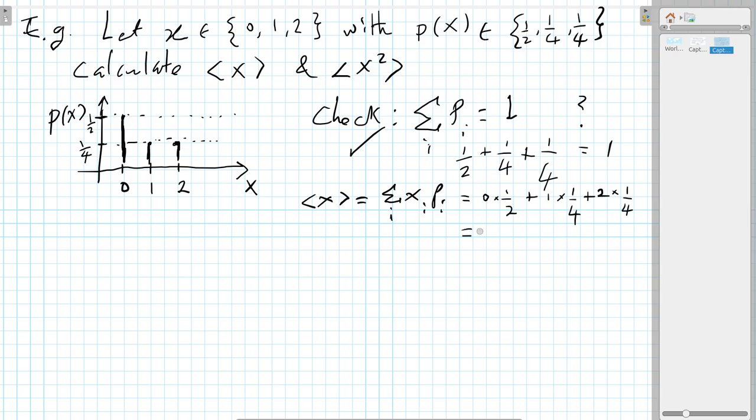One can sum this out and get 3 by 4. Hopefully correct. So the average of x is 3 divided by 4. Similarly, one can compute the average of x squared. I'll leave that for you to try if you want. So this example is an example where we have a discrete probability. The system is discrete.